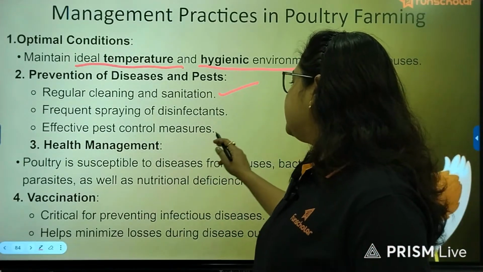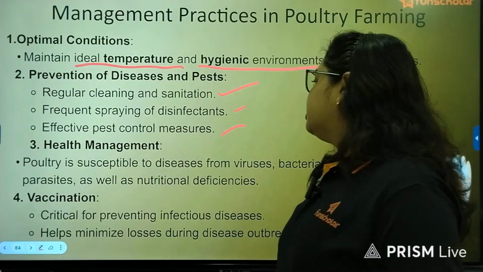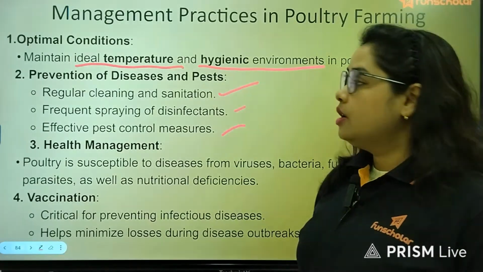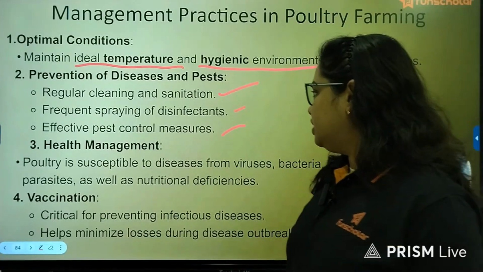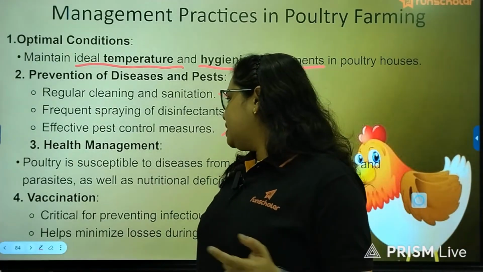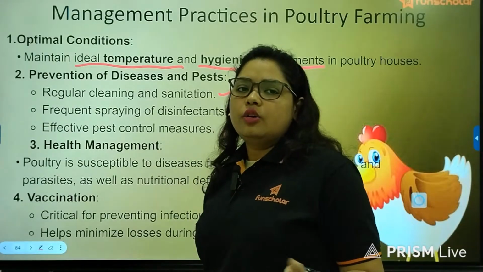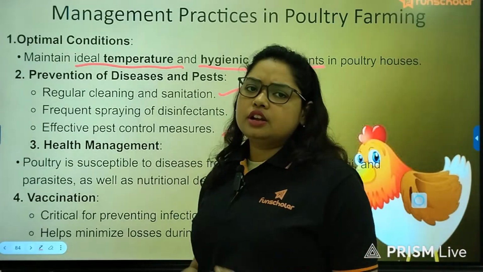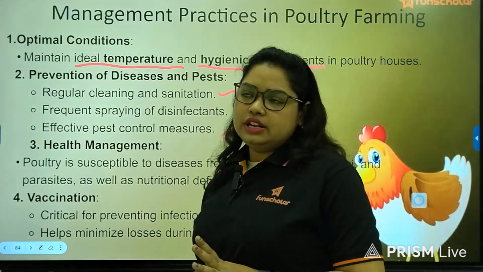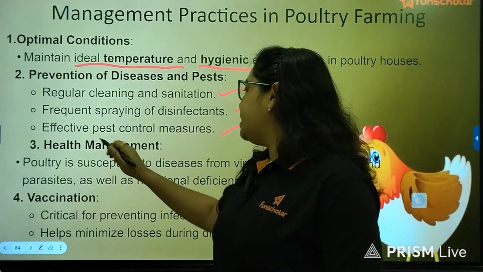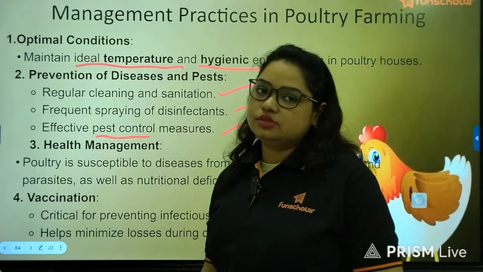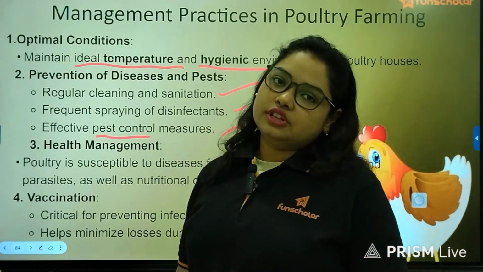And effective pest control measures from time to time, but this frequent spraying of disinfectants can be done, while pest control should be done at a regular interval, but not regularly, I mean to say not daily, because in this pesticide also there are certain chemicals which can be harmful for the fowls.